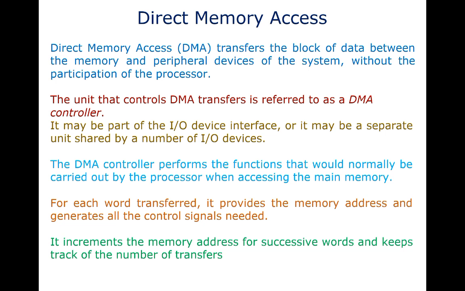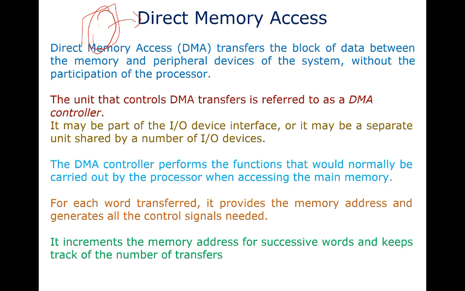In order to solve this problem of large processor time usage, the computer system uses a technique called DMA, that is direct memory access. Direct memory access is a method used to transfer a block of data, not a single word, directly between a peripheral device and the main memory, without continuous participation of the processor.